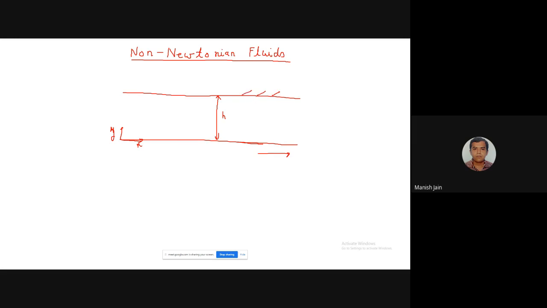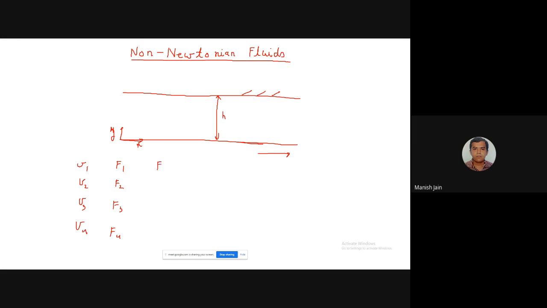So you measure the force required to move the bottom plate, and divide it by the area. Basically, you do the experiment with different velocities v1, v2, v3, v4, and for different velocities you require different forces f1, f2, f3, f4.